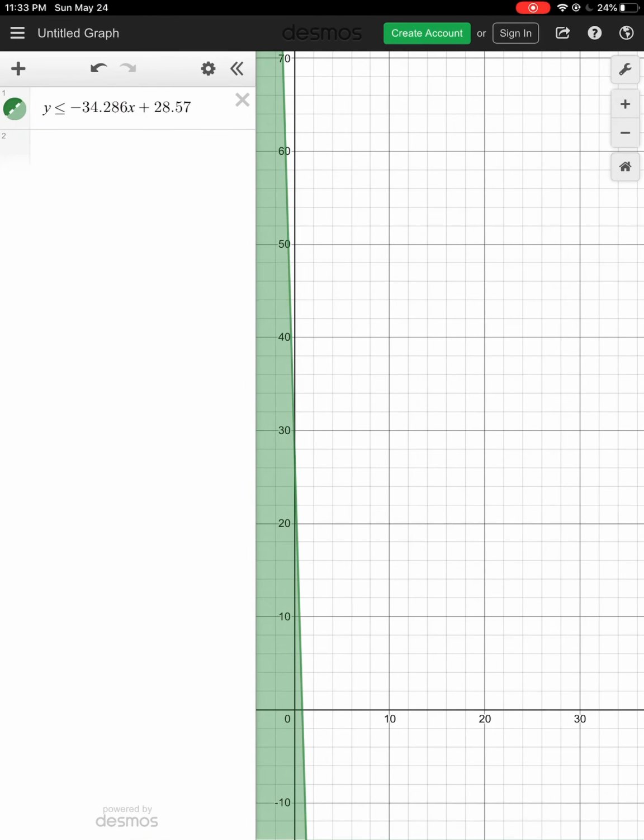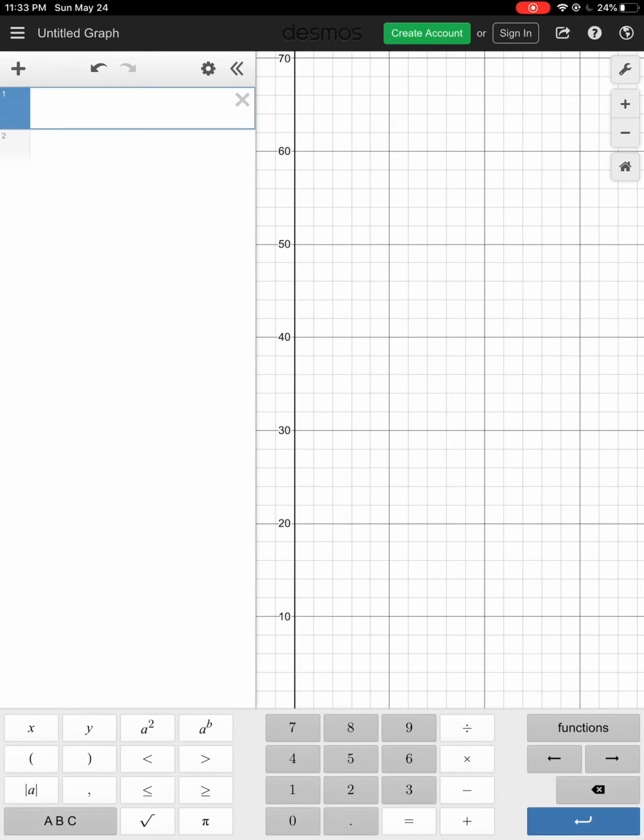Okay, so I'm going to switch to Desmos because for some reason mine is not doing anything there. And I'm going to re-enter those values that we have written out in here.